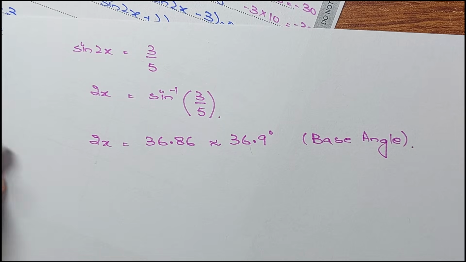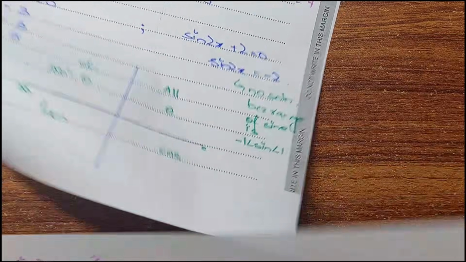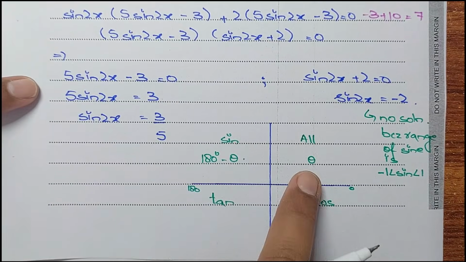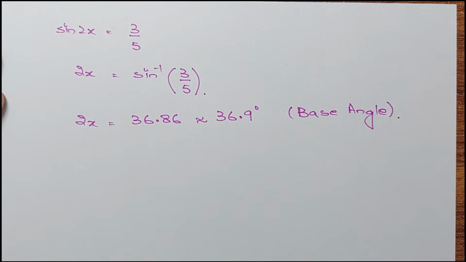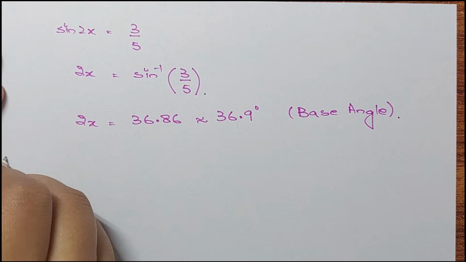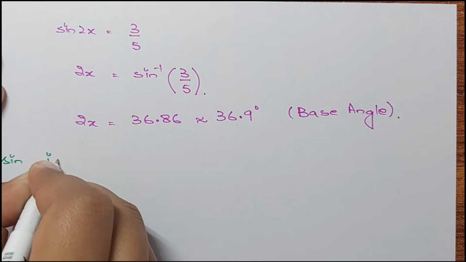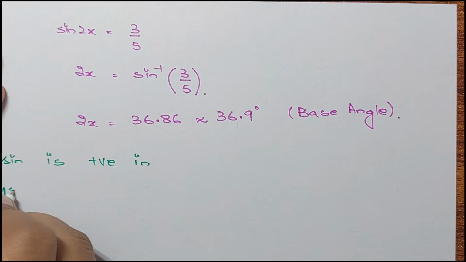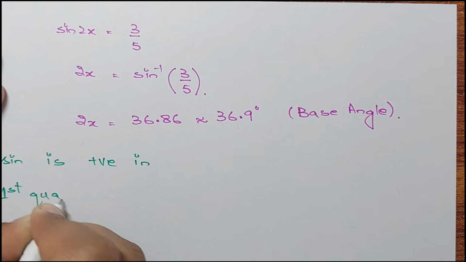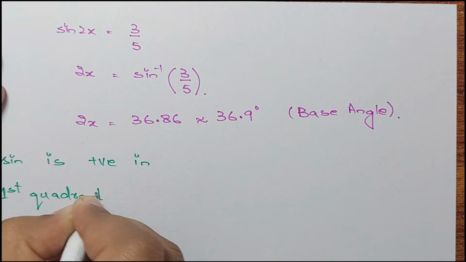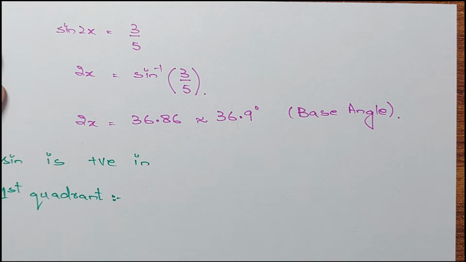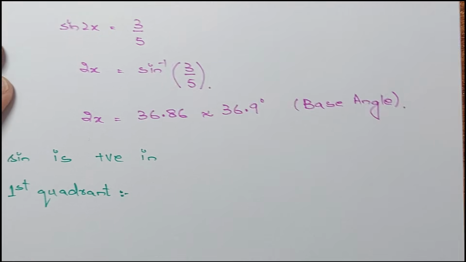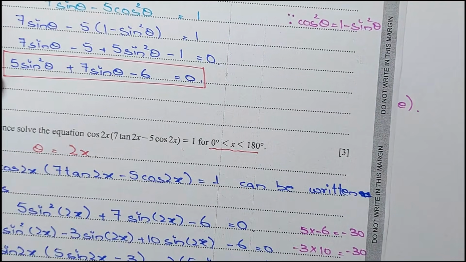Now, according to the given domain of 0 to 180 degrees, sine is positive in the first and second quadrants, so we have to find the solutions. What is the solution for the first quadrant? The angle is x, not theta, in the question.